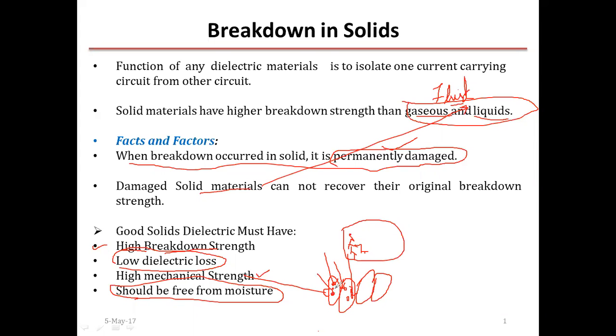So while manufacturing solid dielectric, these must be free from the pores so that no moisture and droplets can be absorbed, because the moisture can badly affect the dielectric strength of the solid dielectrics.